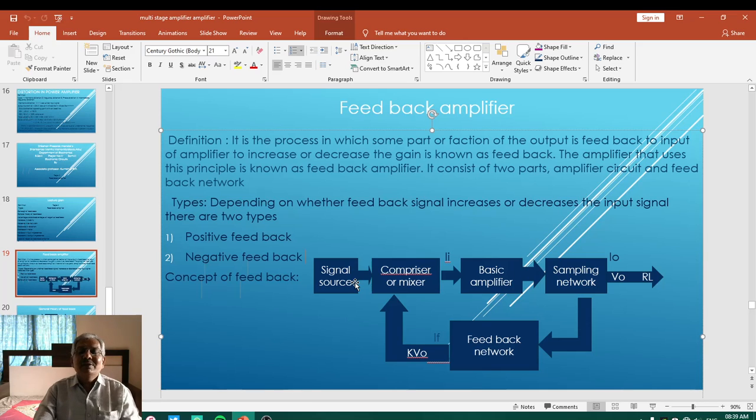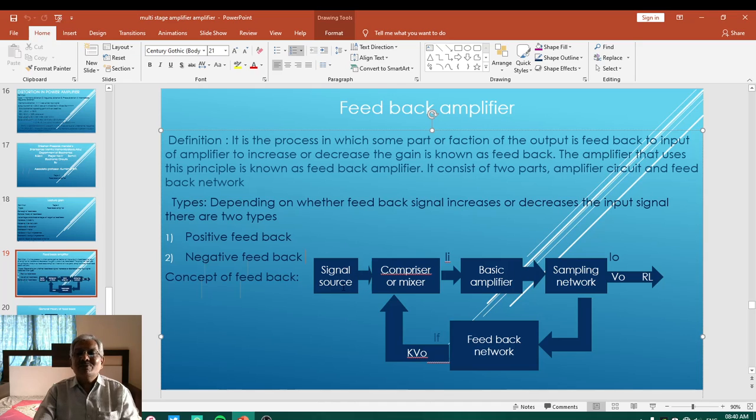Accordingly, whether current amplification or voltage amplification is to be done, that type of signal source is going to be connected. Again, try to remember, the signal source may be a voltage source or a current source. If it is a voltage source, it has its internal series resistance. If it is a current source, it has a parallel resistance or a shunt resistance.